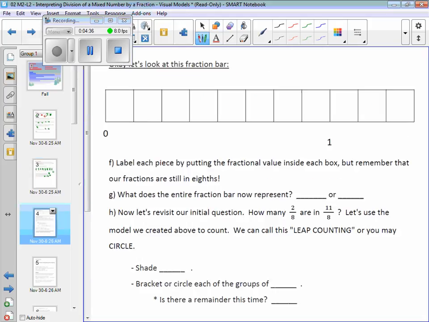This now becomes the new fraction bar. Count them up, make sure it's 11. Right? Okay, don't go ahead.